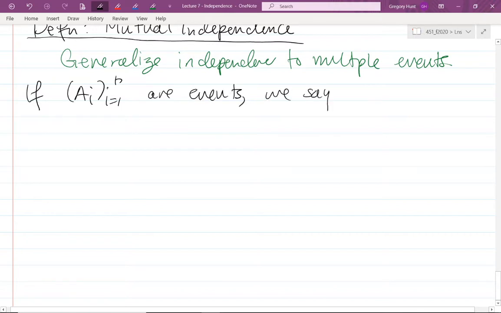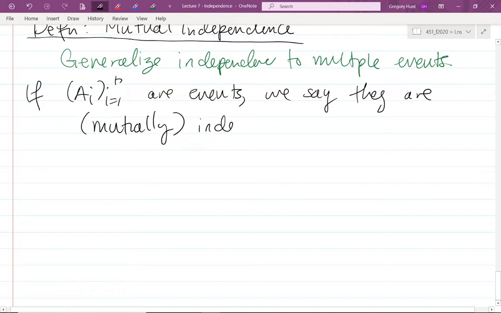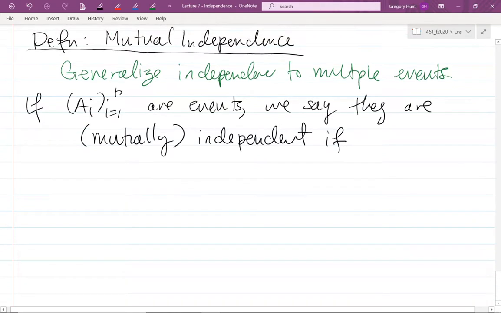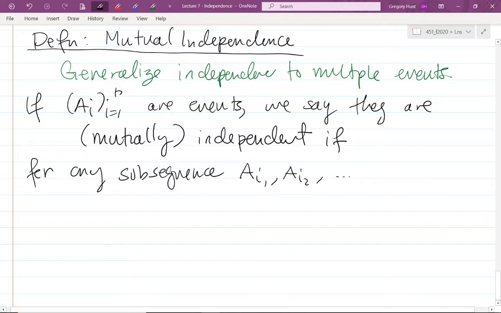We say they are, in parens, mutually independent, if, and here's where the definition gets a little more complicated, for any subsequence, let's say A sub i1, A sub i2, all the way up to A sub ik.